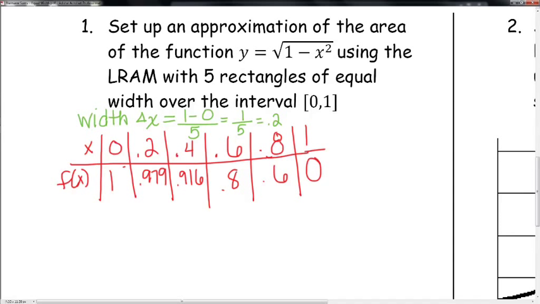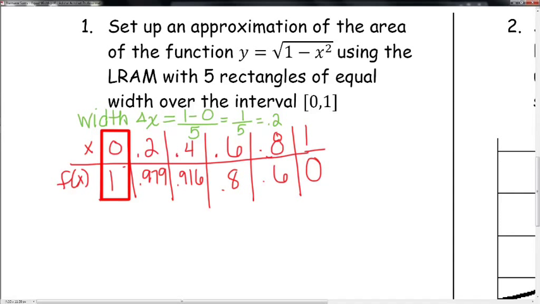We're talking about values to the left. In terms of our chart, we're going to pick values that are on the left, so we're not going to include this one over here, because an LRAM deals with a left sum.